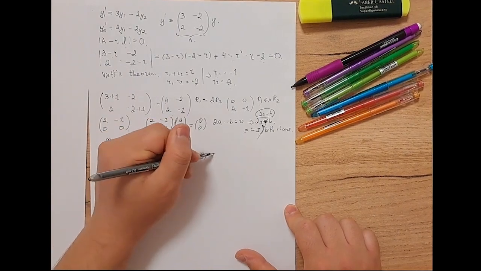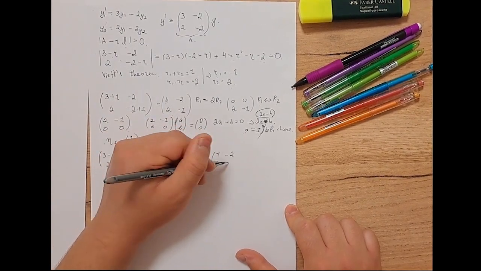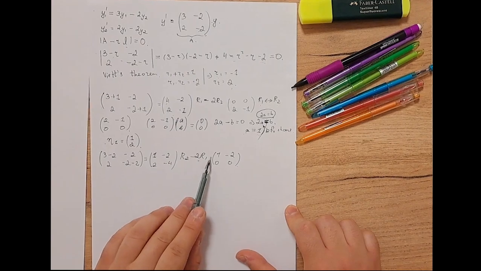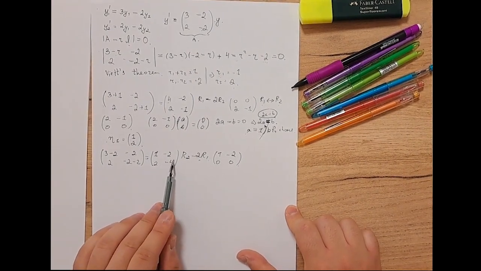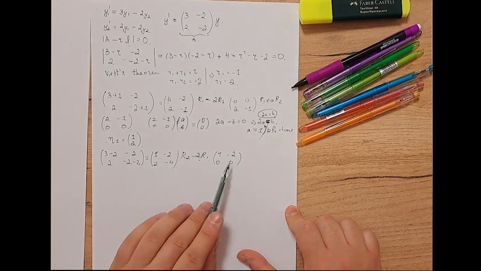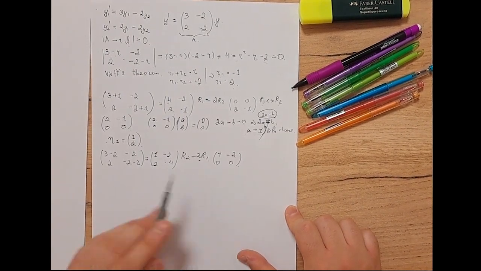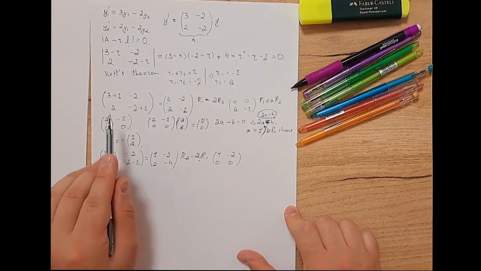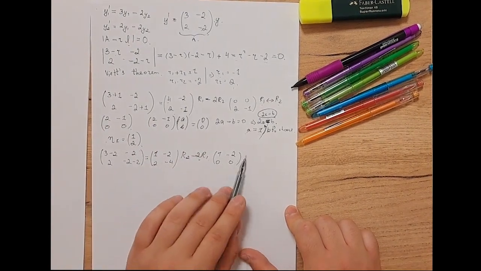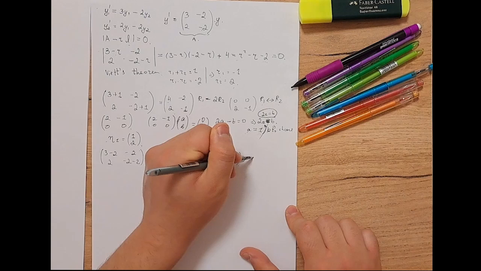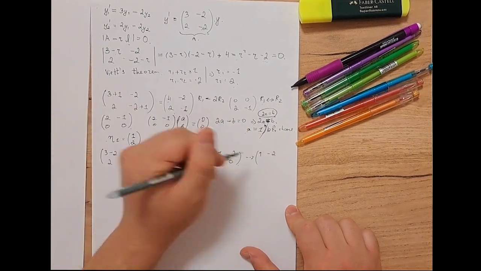So we will get 1, negative 2, 0, 0 by subtracting 2 times the first row from the second row. So we shall do the same step as we did here, and we can also write this in an augmented matrix form.